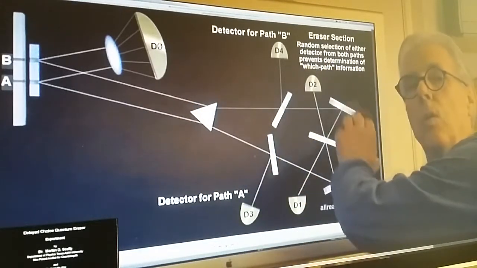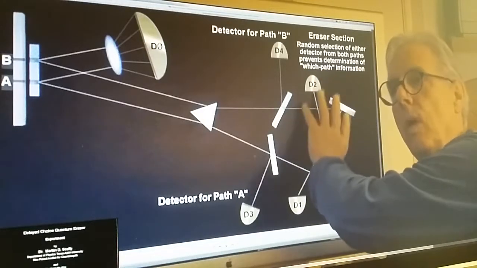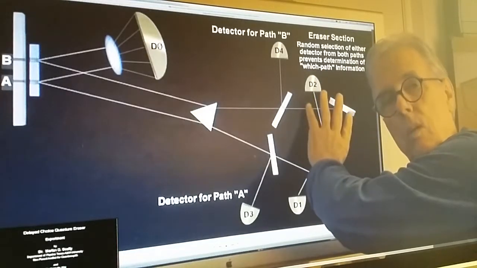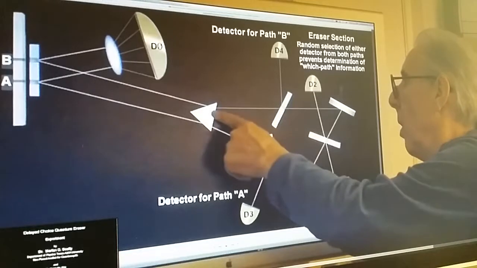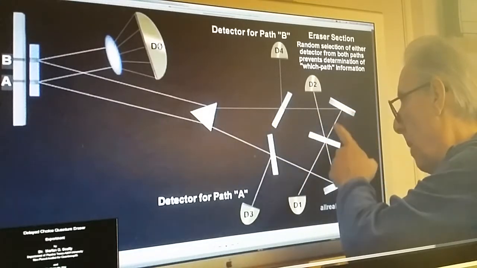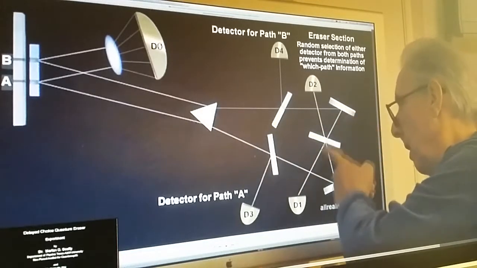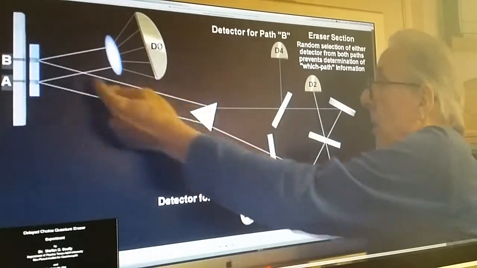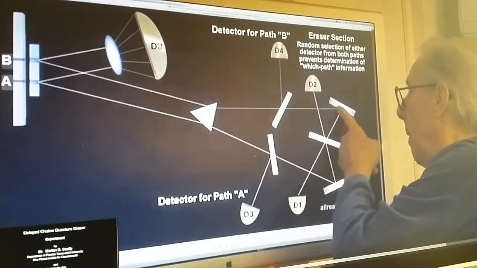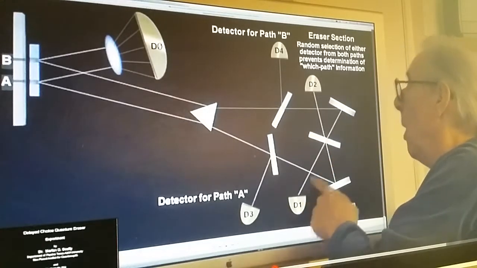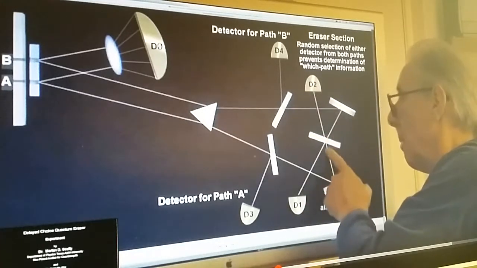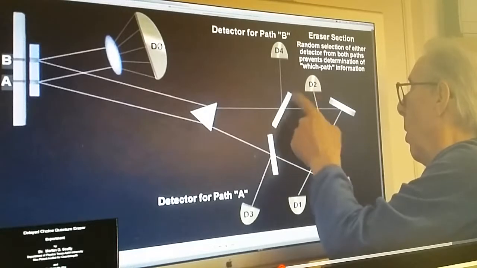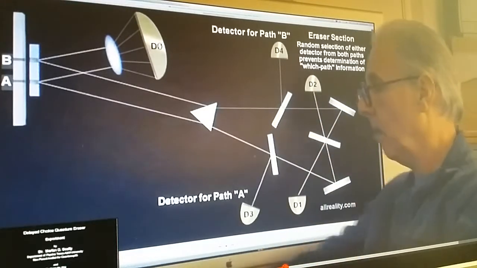And that's when they get to the erasing portion. This is why it's called the quantum eraser. Because when the photon gets here, they bounce around again, half-silvered mirror, so it can either get detected, this path B can either get detected D1 or D2, because it can bounce up or it can come down.